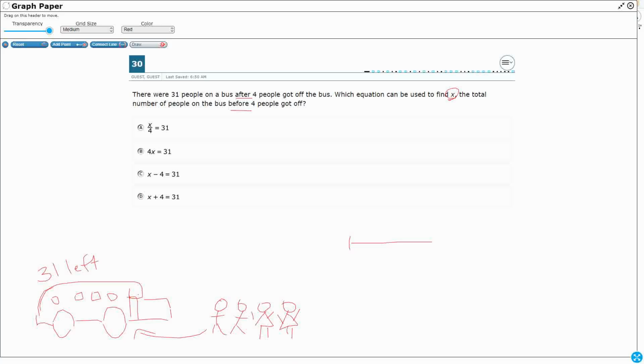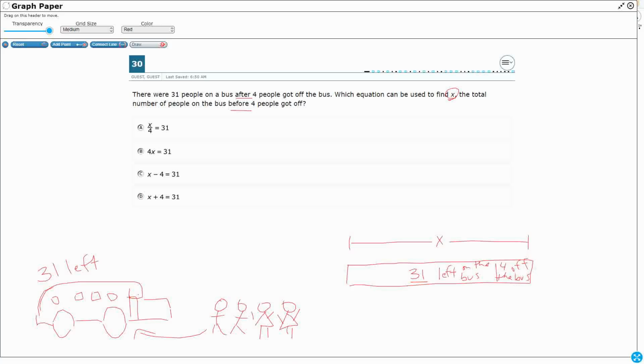Let's just say x is our total number of people before they got off. Okay. How many people are still on the bus? There's 2 parts. There's people on the bus and there's people off the bus. The people on the bus is a lot larger. Okay, so that's 31 left on the bus after the people got off. And then there's 4 people off the bus.